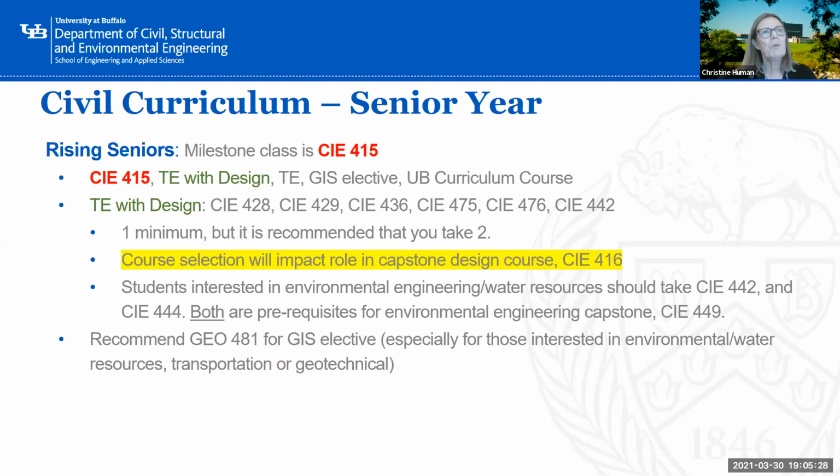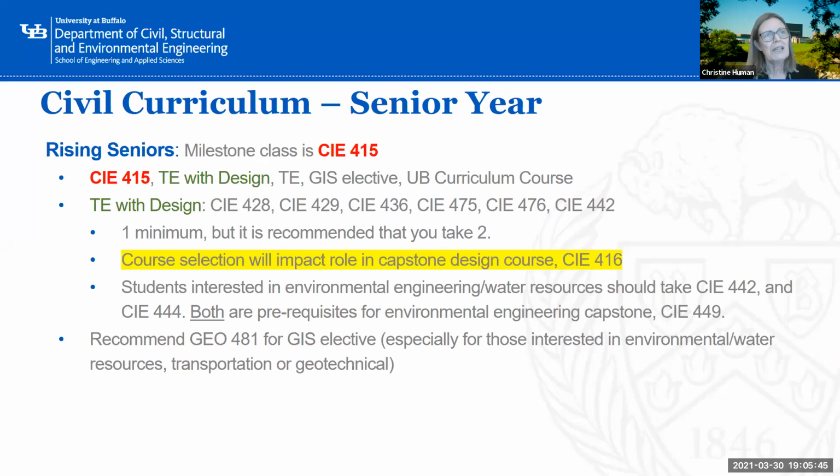So as I said, the requirement for the curriculum is you take and pass at least 1 technical elective with design, but we recommend that you take 2 because that will really prepare you to take the capstone design course in the spring. So I said, but you have to take 1.